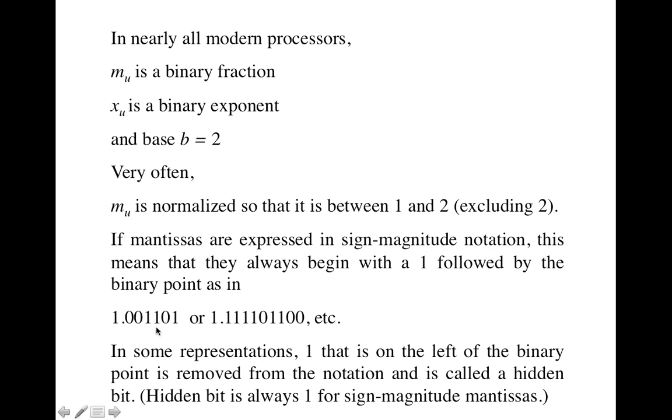If this still is maintained, that's out of the legacy of the systems that have been in place, so that this convention continues on. And so the hidden bit, that's what it is called, is always equal to 1, and it's not shown in the representation. So when you see a representation like this, the 1, the hidden bit, is not visible, and you have to sort of assume that it is there.